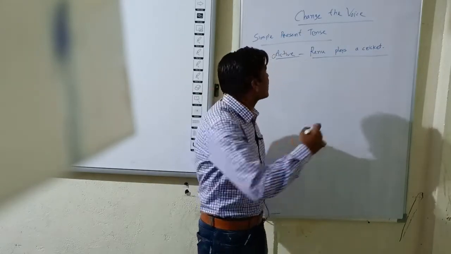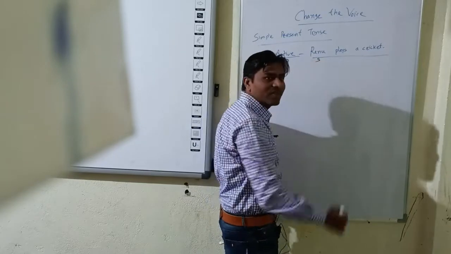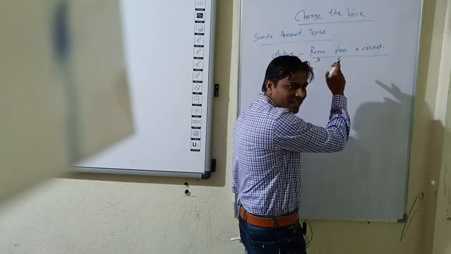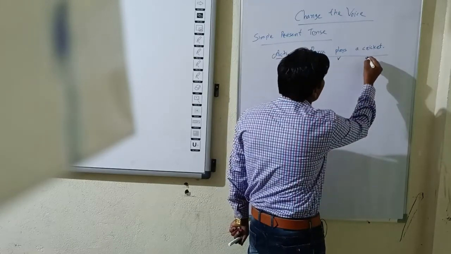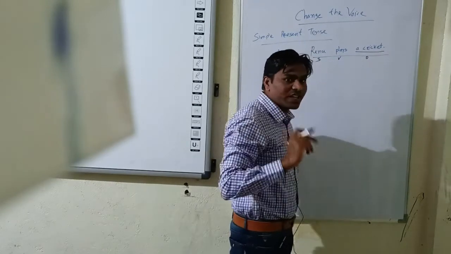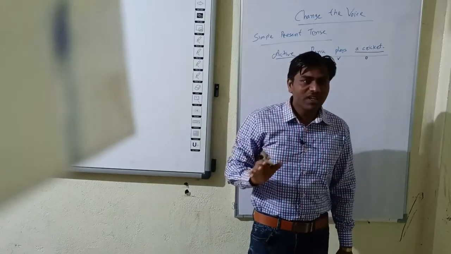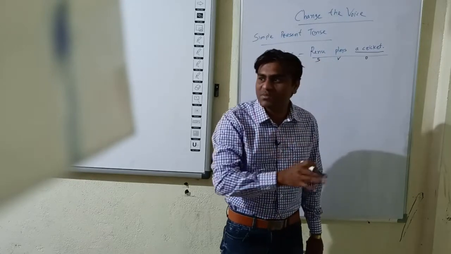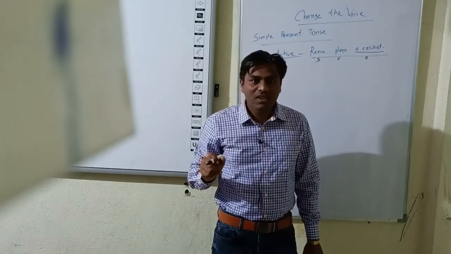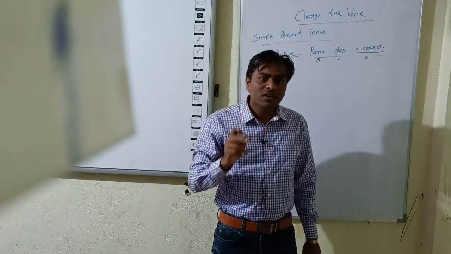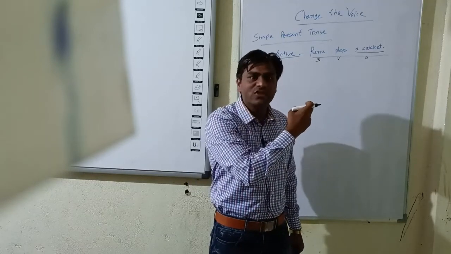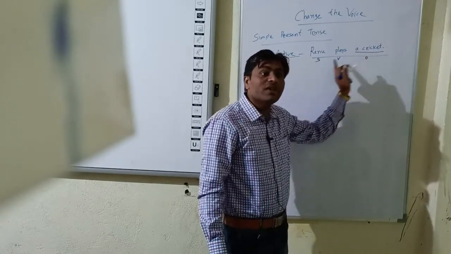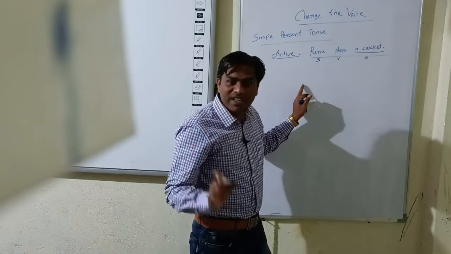Now please see. Here is the subject. Here is the main verb, and it is the object. This is the object. And as I told you in the last class, we have to take the object to the place of the subject in the passive voice. When we want to transform this sentence into the passive voice, then we have to take this object as the subject in the passive voice.